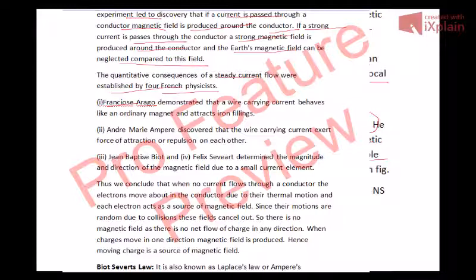First, Francois Arago demonstrated that a wire carrying current behaves like an ordinary magnet and attracts iron filings. He passed a current through the wire, then brought it close to iron filings, and he observed that this wire carrying current attracts iron filings. So it behaved like an ordinary magnet.